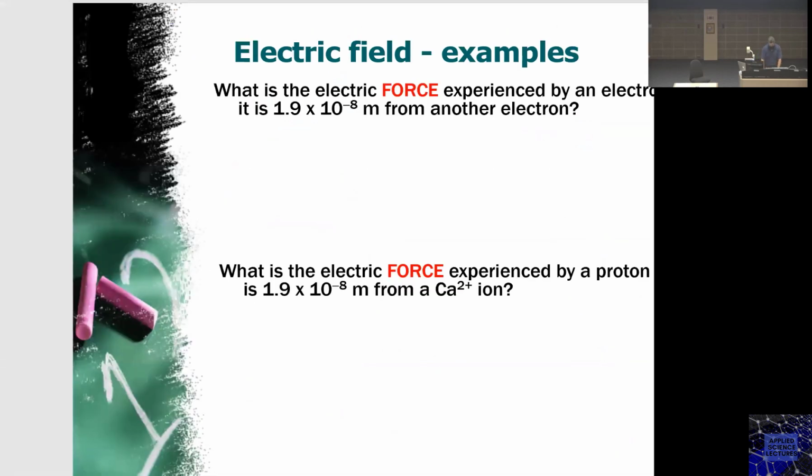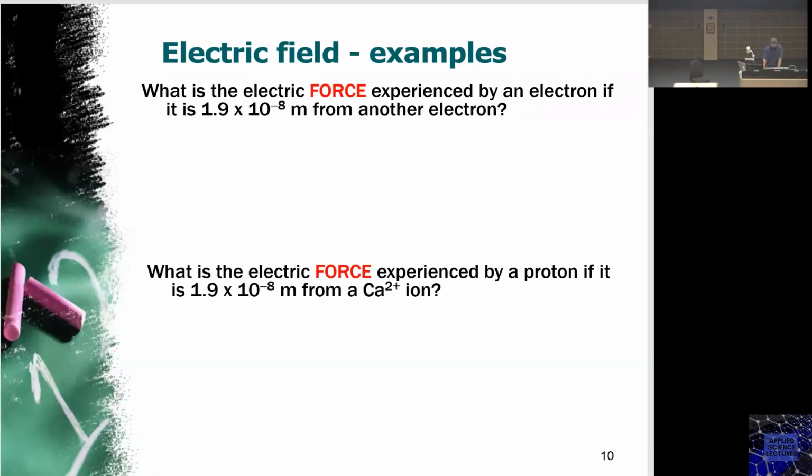Now let's look at those two examples here. What is the electric force experienced by an electron if it's 1.9×10^-8 meter, the same distance R that we talked about, from another electron?